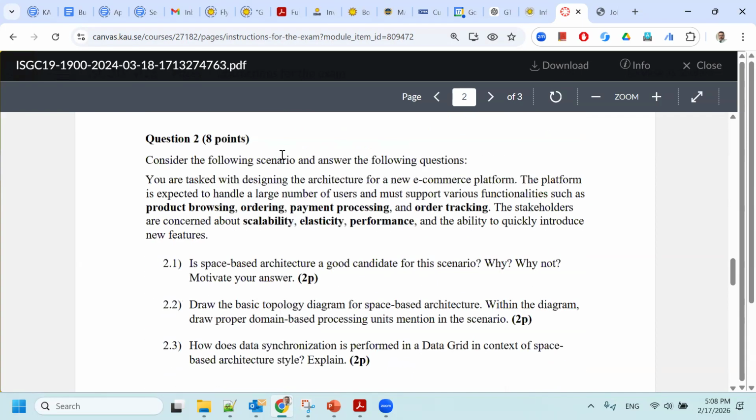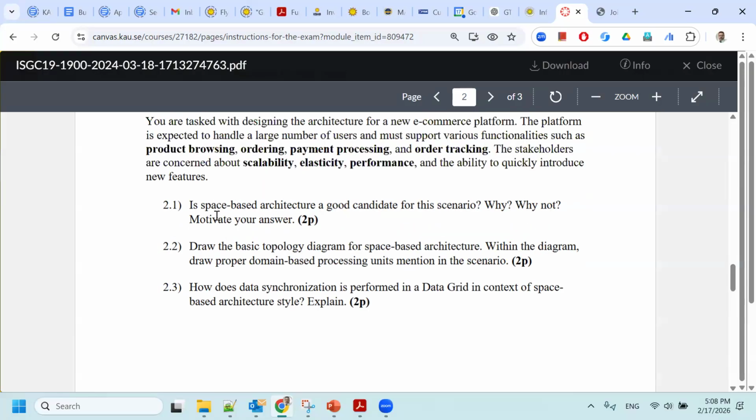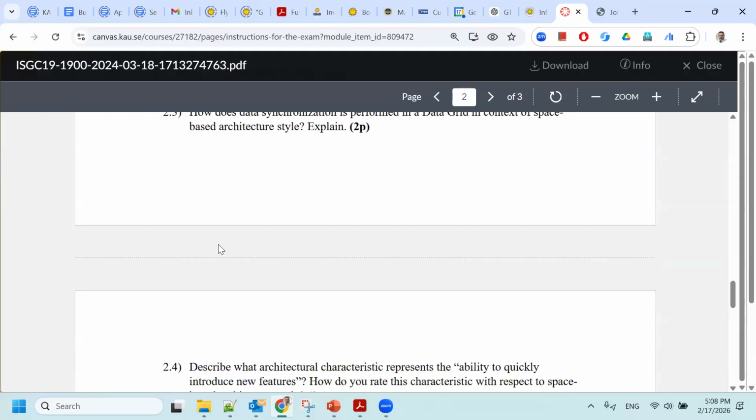Then comes this part, some scenario-like questions. And this one is more aligned with the project that you are doing. Here I define a simple system, an e-commerce platform, and then I ask you about concerns like scalability, elasticity, performance. And then I ask how good or bad space-based architecture is for this kind of problem.